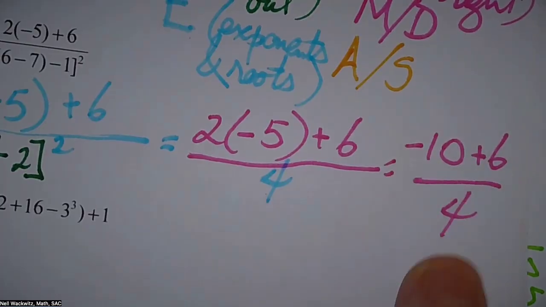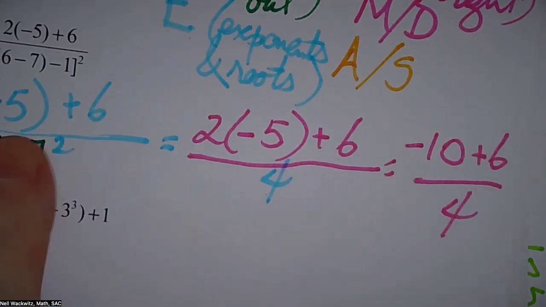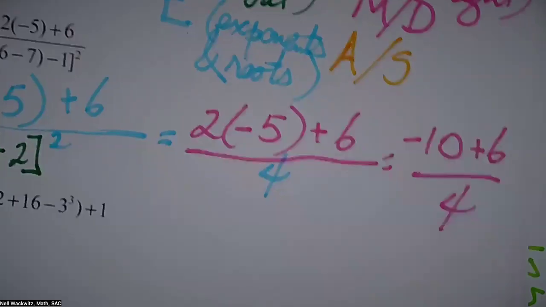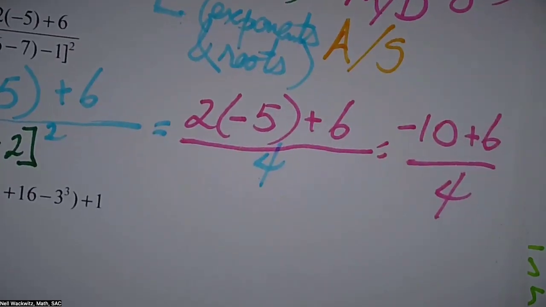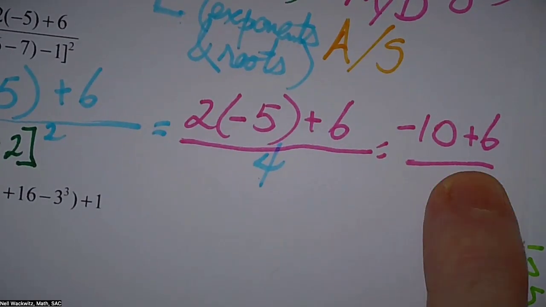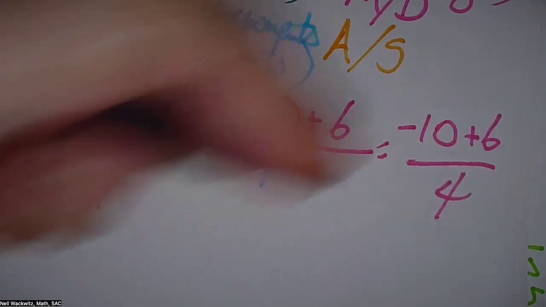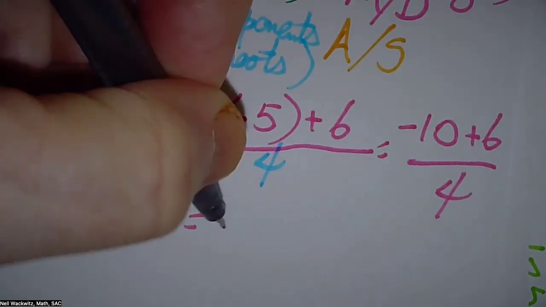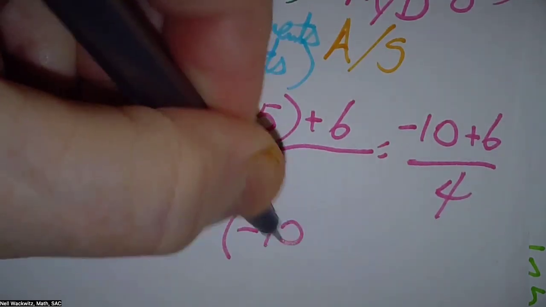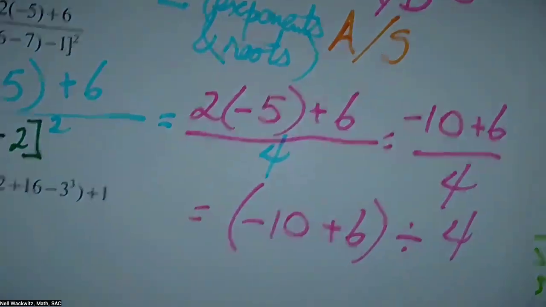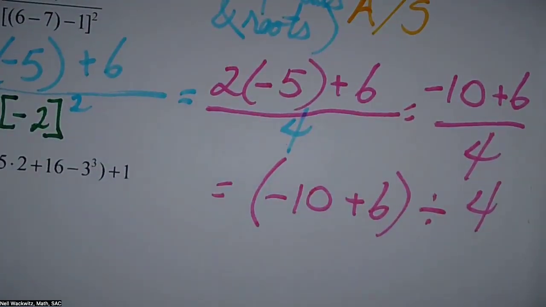What is not obvious when I write this question as a fraction is clearer if I write it using a division symbol instead of a division bar. So this is the same as -10 plus 6 divided by 4. And now do we see that there's actually more grouping? Yeah, good.